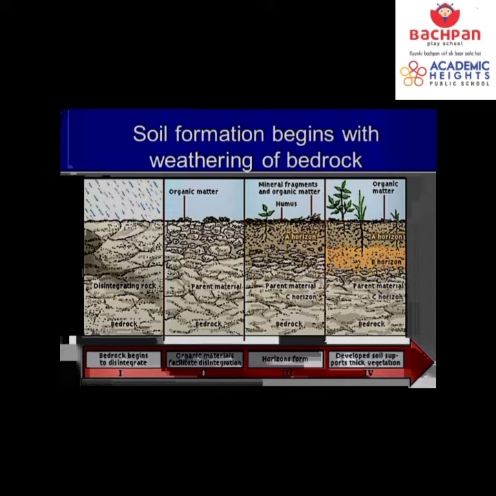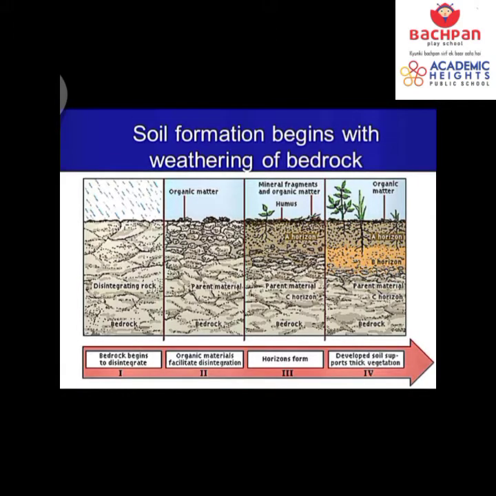Horizons are formed, and then we have the developed soil subparts and the thick vegetation. This whole process is known as weathering, which does not take place in one day, but it is a gradual process. It takes thousands of years to form a thin layer of soil.